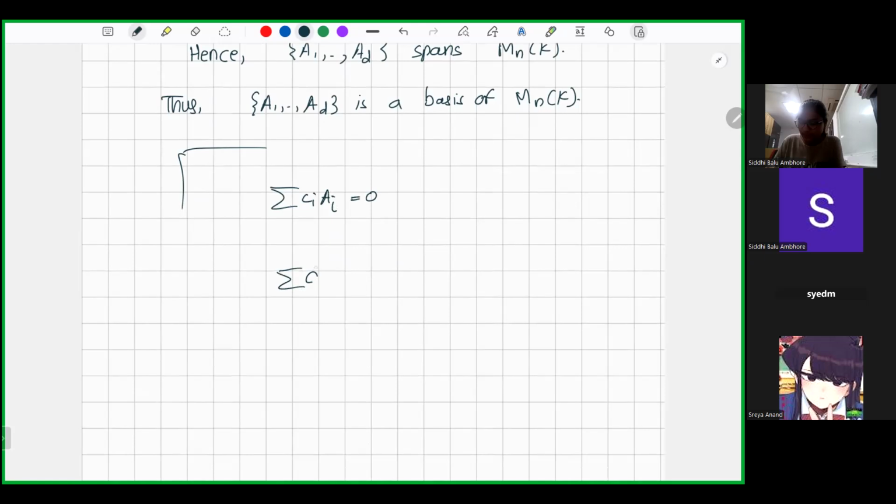So instead of that, we can also try this: let me take this as alpha, and this as Aij, with alpha from 1 to D, suppose, and its transpose is 0.